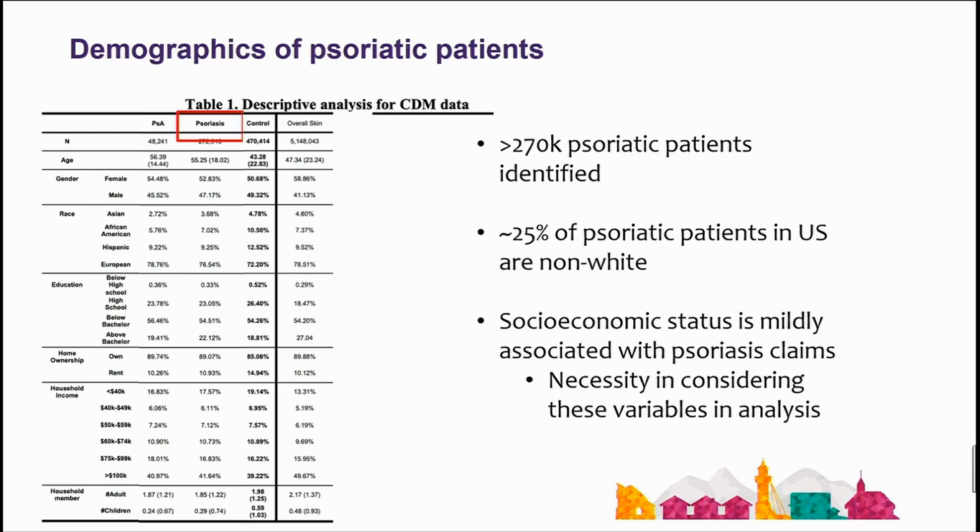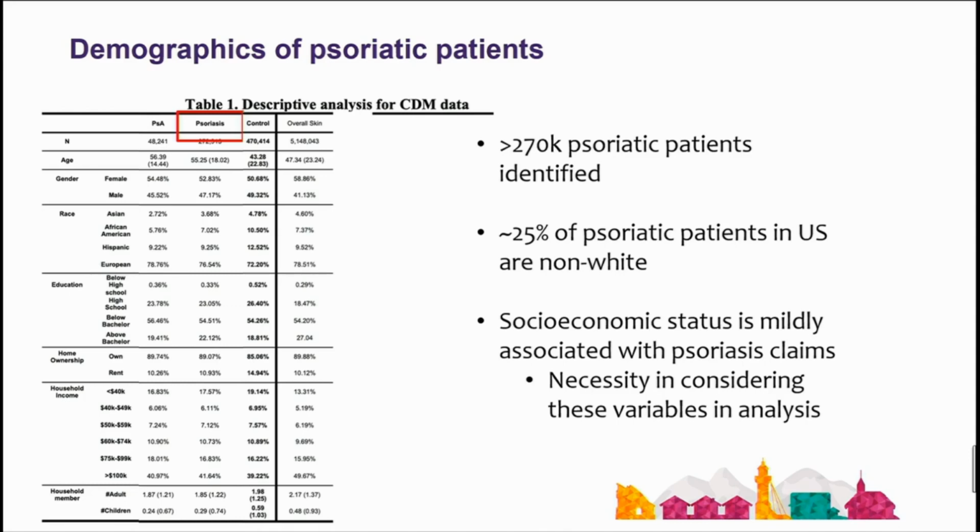And you could see the breakdown of it. Around 25% of those are non-white. So when comparing with many of those studies conducted in the US, like the basic genetic or molecular studies, which are Caucasian-based, there's still a substantial amount of patients here that are non-white.